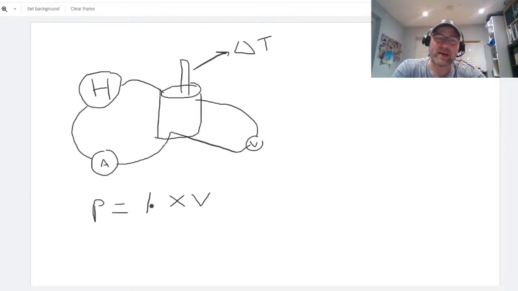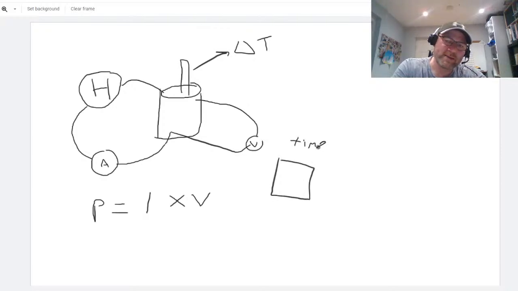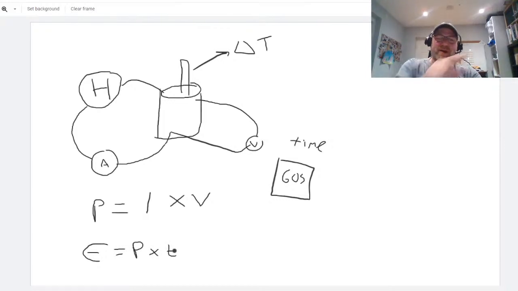Well, first you calculate power: you record the current and the voltage, and you do it over a time, say 60 seconds. Once you work out the power by doing current times voltage, you can then do energy equals power times time. So just watch out for that. Very unlikely to come up, but there you go.